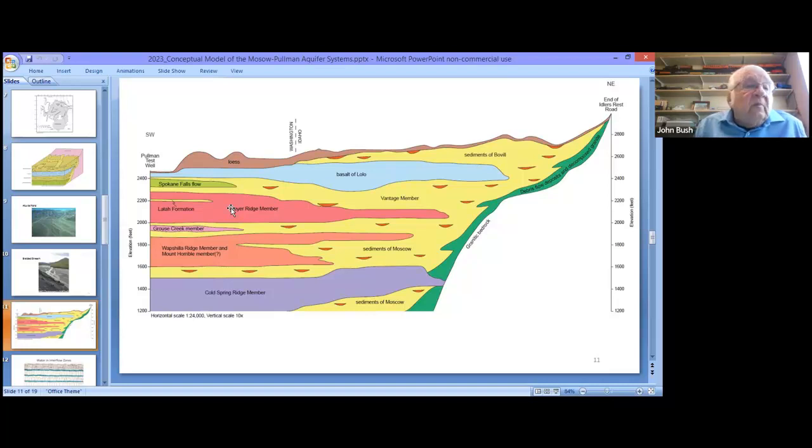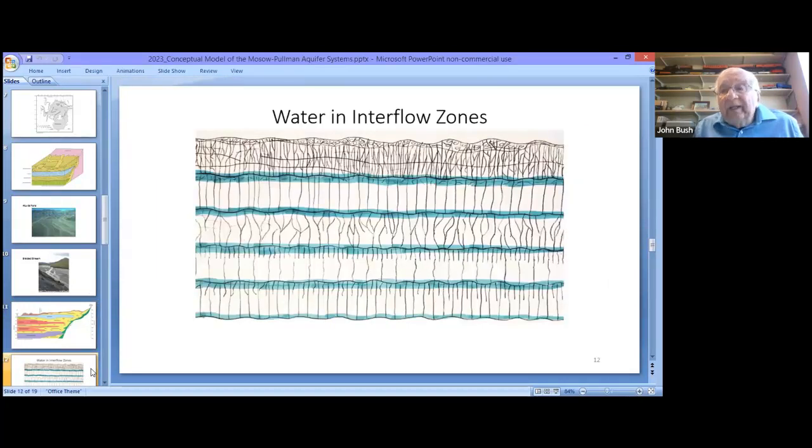Well, the way that we think that's happening is that the water, once we get into the thin zones, is getting into the interflow zones of the central area of the Moscow-Pullman Basin and is moving towards Pullman in these interflow zones, which we pointed out make up about 20% of any one flow. So in a sequence of basalts, it's basically 80% impermeable areas versus the zones where the water is. 20% of it is the water moving through these interflow zones.